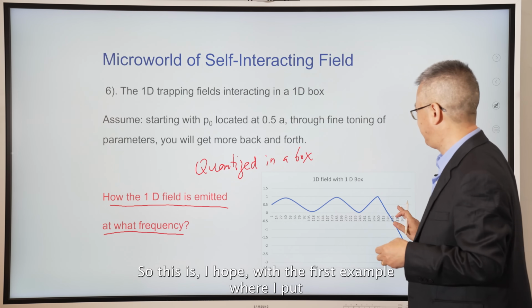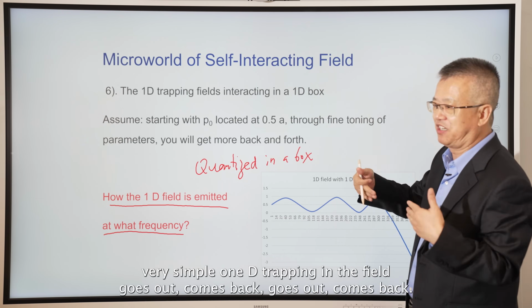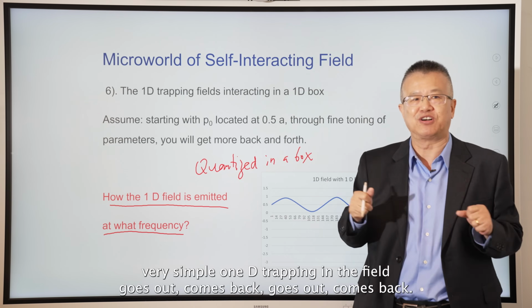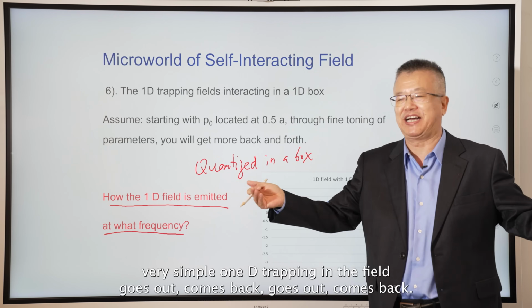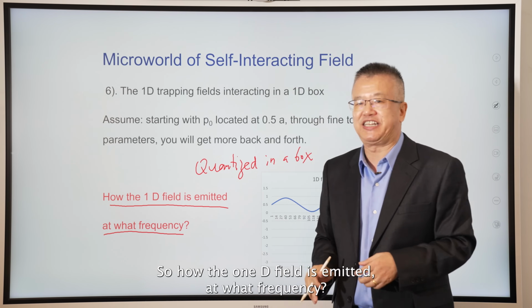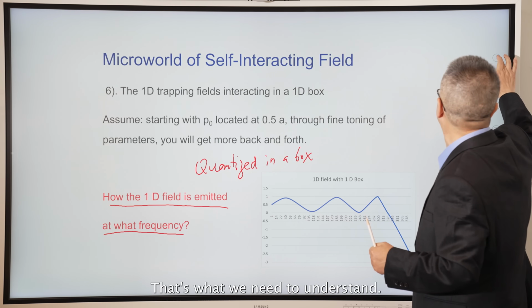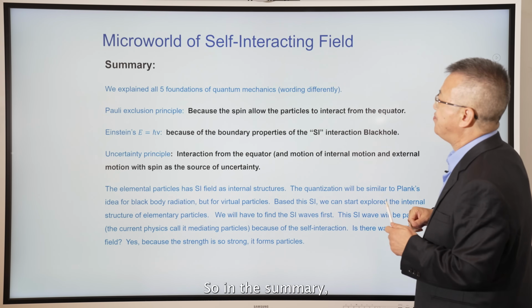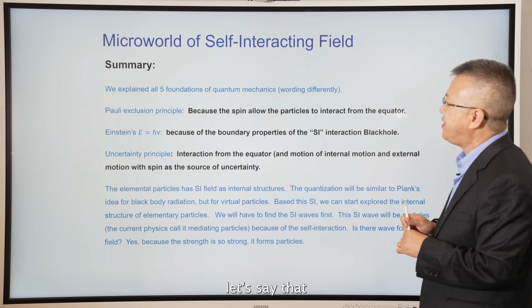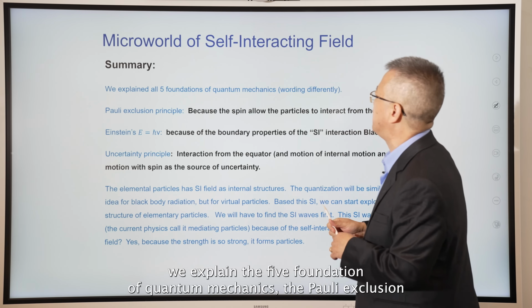I hope this is the first example, where I put a very simple 1D trapping: the field goes out, comes back, goes out, comes back. So keep doing it. How the 1D field is emitted, and at what frequency, that's what we need to understand, okay?